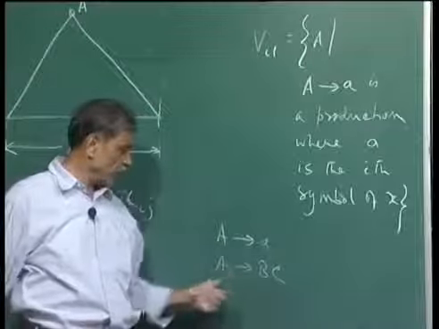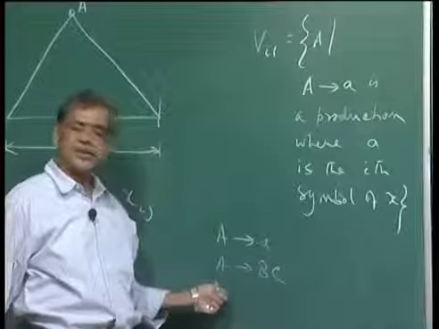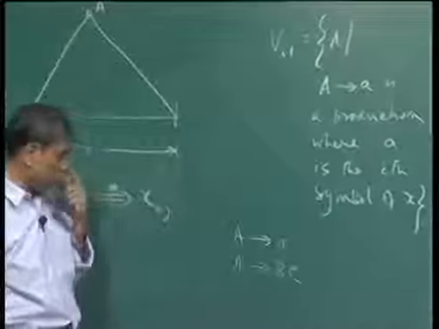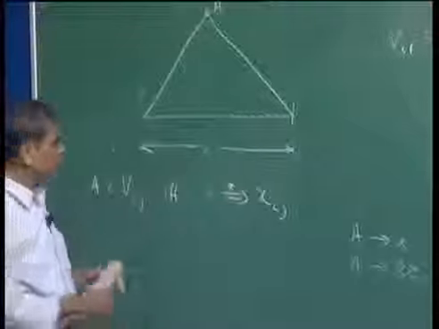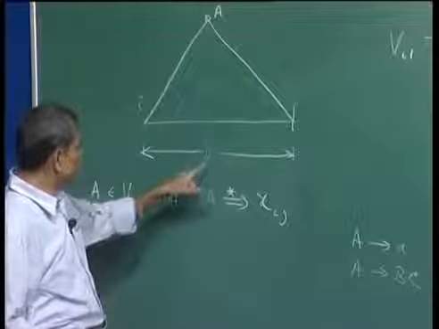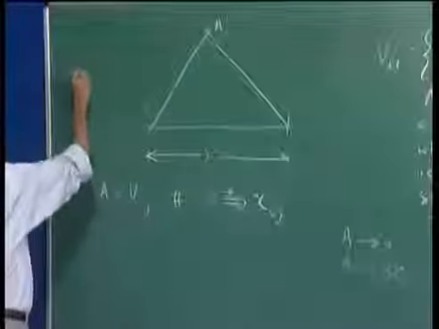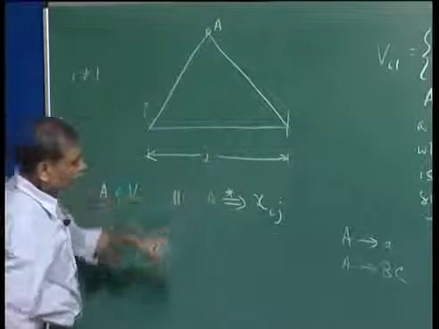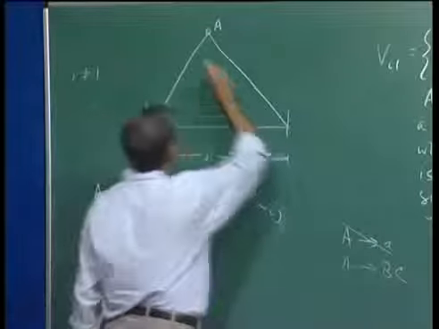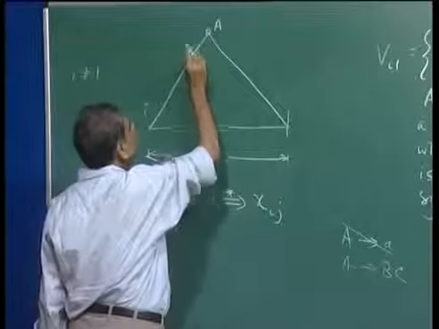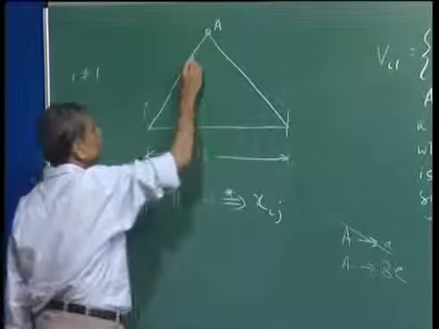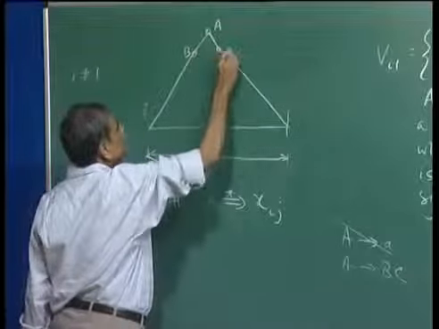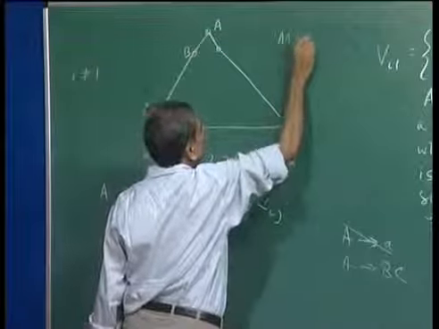Of course, both of them can be the same as A. So B and C are, in general, two non-terminals. So you will agree with me that if j is not equal to 1, then clearly the first production cannot be of the first kind. So it must be the case that we have used the production A goes to BC in this derivation tree.